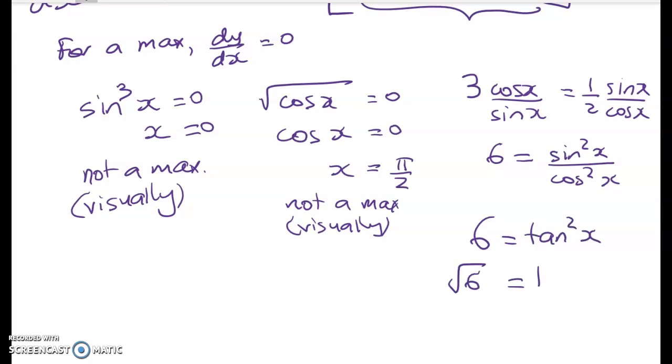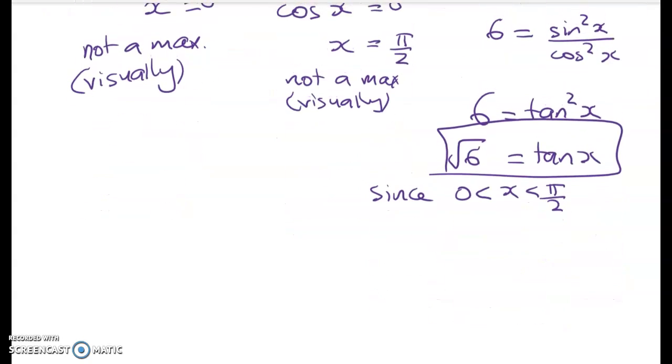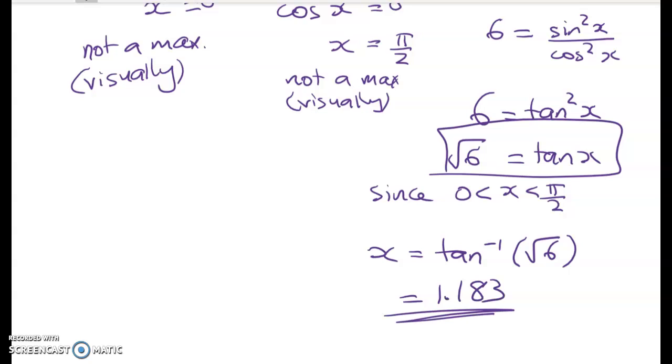Root 6 is equal to tan x. And I can say that it's the positive root since x is between 0 and pi on 2. So we get to here, we put that into our calculator, and we get x is equal to the angle whose tan is root 6, which is 1.183. So that's one way to do it.